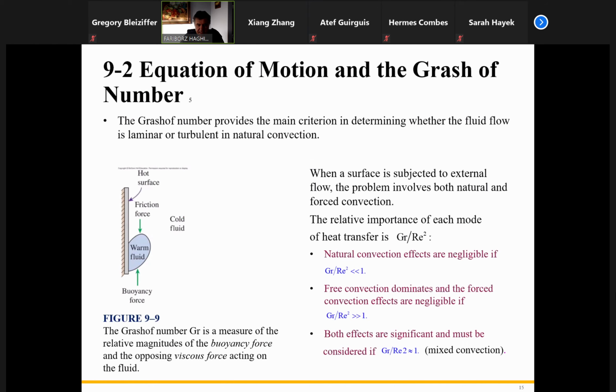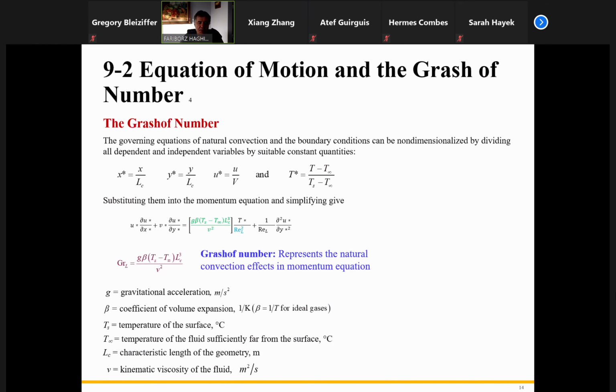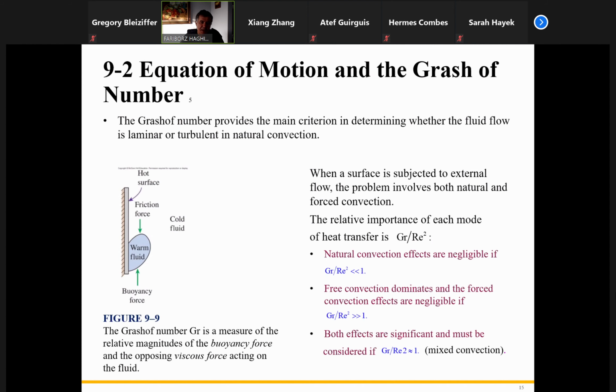Again, what is exactly natural convection? We go back to what we discussed earlier. This is a hot plate. The air gets warmer, becomes less dense, and moves up. But close to the wall there is friction, there is viscosity, pushing down.